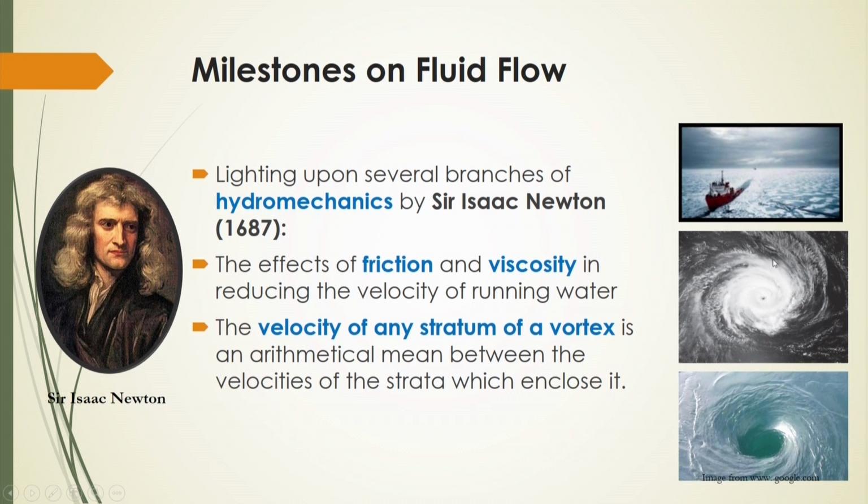Like here, these are the strata, and what will be the velocity of this stratum? This velocity gives you the vortex, and the velocity of this vortex depends on the velocity of the strata.